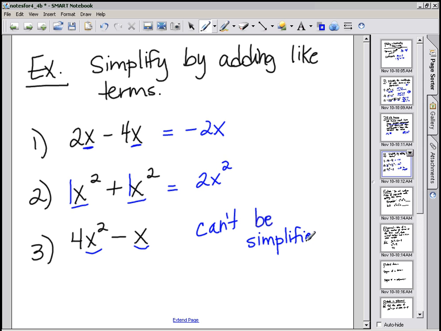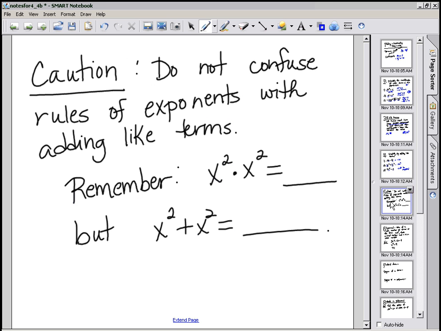Now, one thing that is easy to do in these types of problems, since you've just recently talked about all the properties of exponents, is to confuse those when you're adding or subtracting polynomials. So remember that the properties of when you are either multiplying or dividing or raising to a power, they don't apply when you're adding or subtracting. So just to remind yourself, if you're multiplying x squared times x squared, then since you have the same base, you keep the base the same and add the exponents to get x to the fourth.